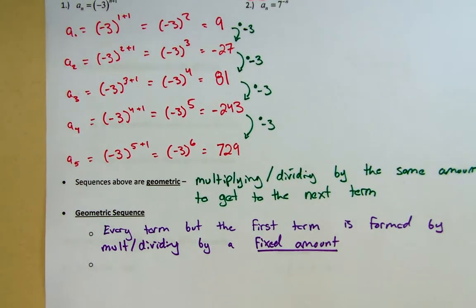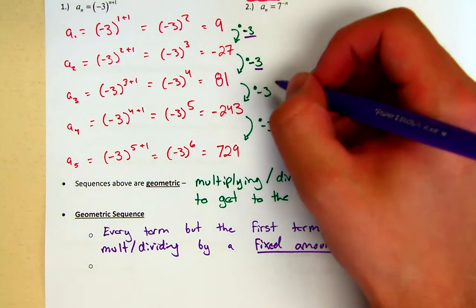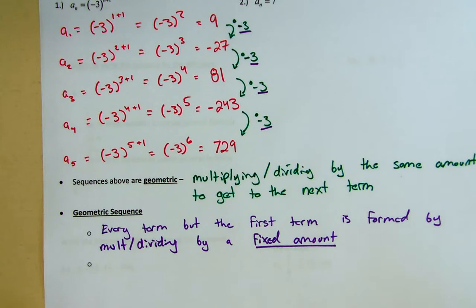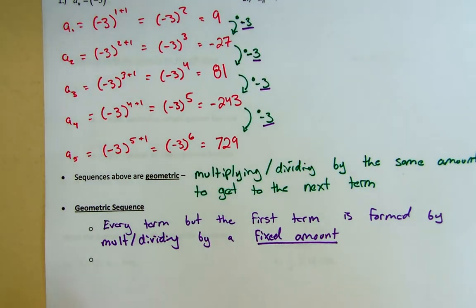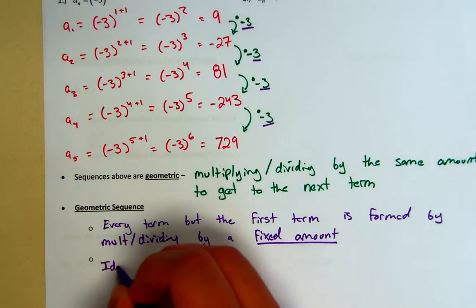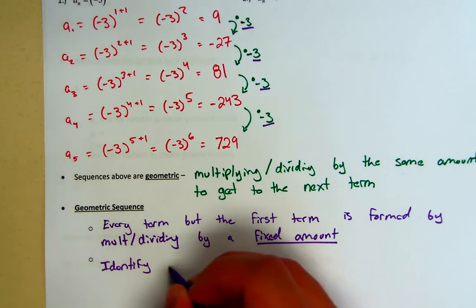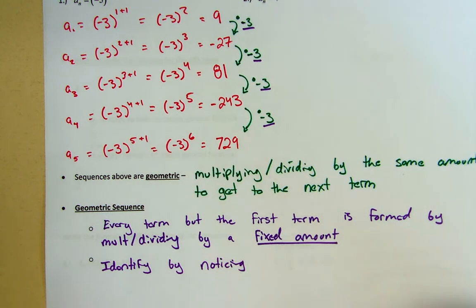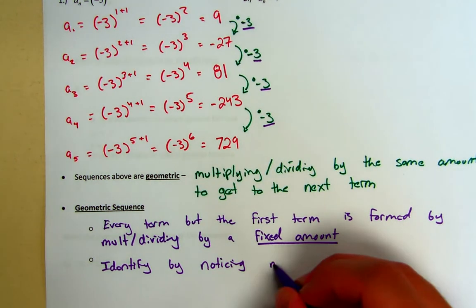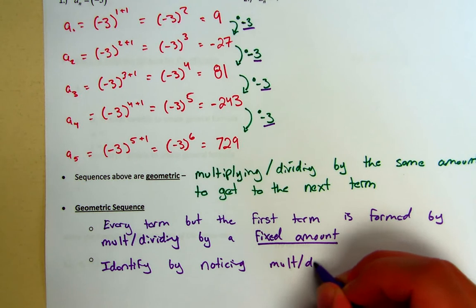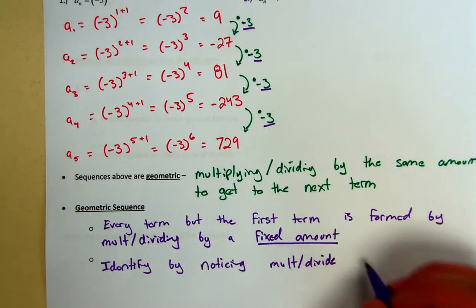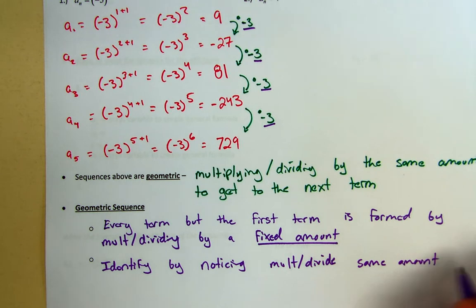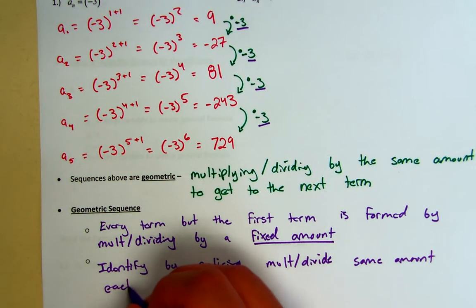Again, that fixed amount, tying it back here, is your negative 3. Alright, so moving on to the next thing. What else do we need? We identify it by noticing that we multiply, or again, divide, the same amount each time.